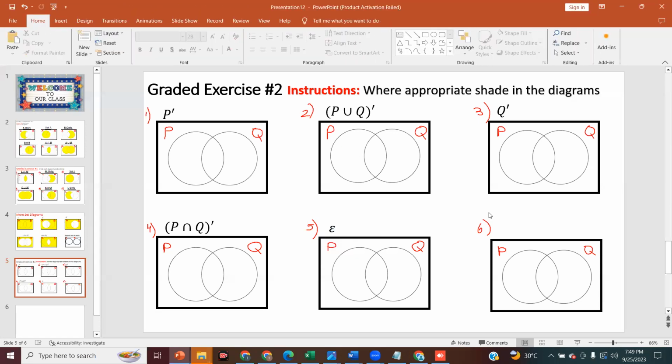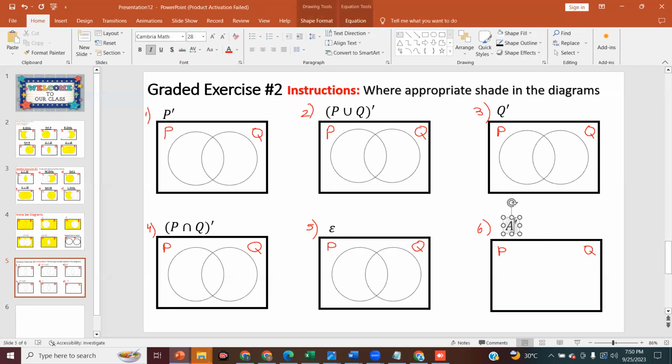I want you to shade in that. And for this one, I want you to tell me the disjoint sets, P and Q.